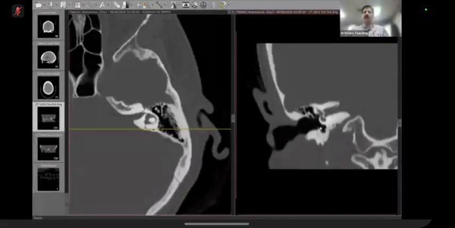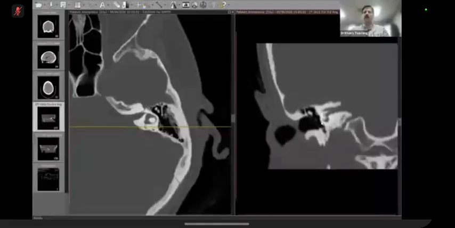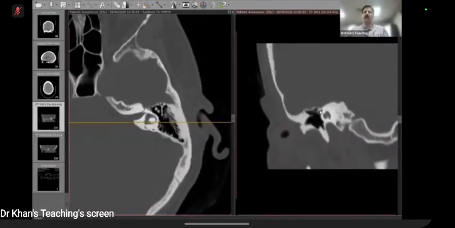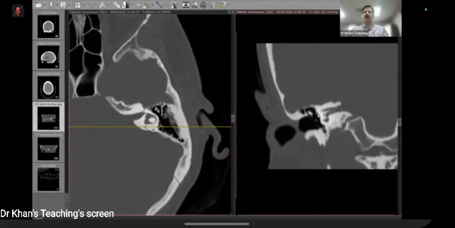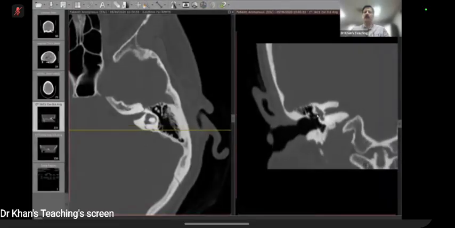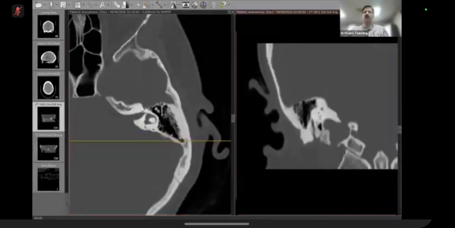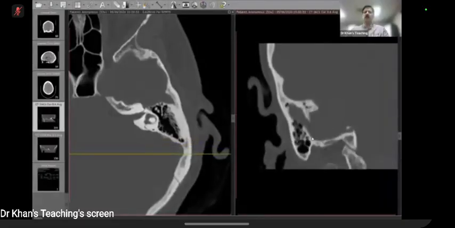From here till here is the mesotympanum. Hypotympanum is not important. This bulge here is made by the cochlea. The facial nerve is coming from here. This is the dot, which is the labyrinthine portion, the geniculate ganglion, and then the tympanic portion, which passes underneath the lateral semicircular canal. And this is the descending portion.